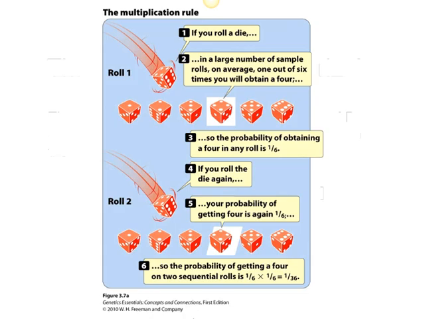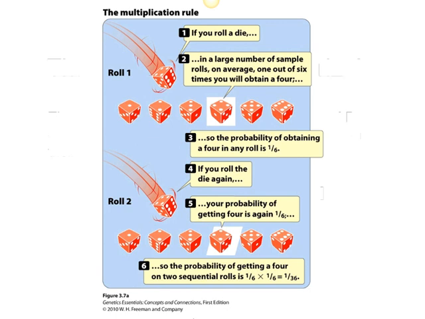Your book uses dice to show you the same thing. If you roll one die twice, or you could even have two separate dice, the chance that you would get a 4 on the first die and a 4 on the second die is equal to the probability of getting a 4 on the first die times the probability of getting a 4 on the second die.